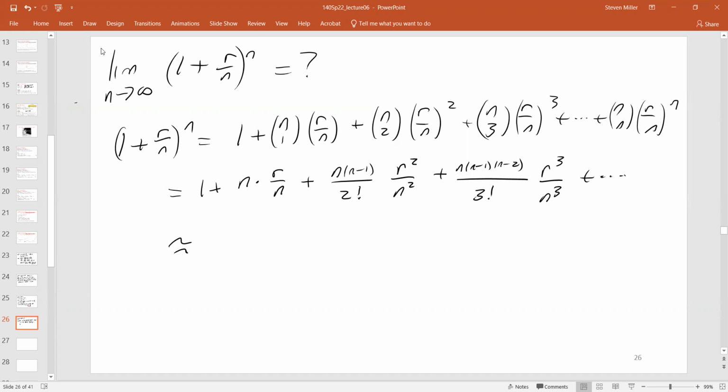So it's going to start off as 1. What is n times r over n? It's just r. Now for the next one, n times n minus 1 over n squared. What is that approximately if n is huge?